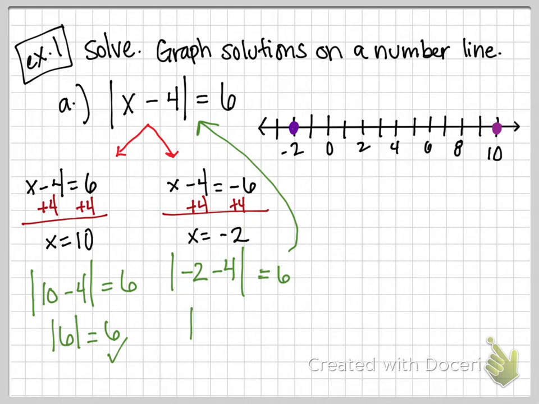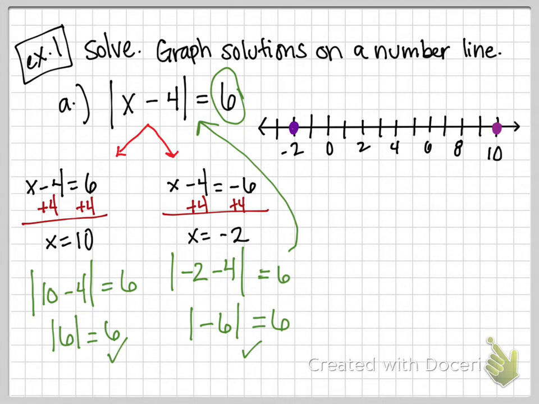So if I simplify, I get the absolute value of negative 6 equals 6. Is that true? Yeah. So do you see the difference? X can be negative, and the value inside the absolute value can be negative. When it simplifies, though, it must be a positive number. So your answer for this would be negative 2 and 10.